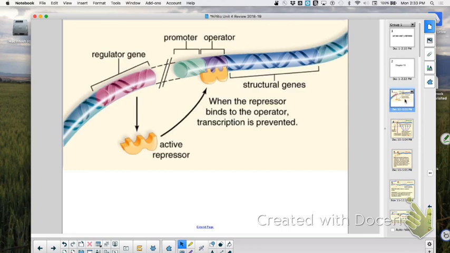So anything that interferes with RNA polymerase's ability to bind to the promoter, what are the two ways you can interfere? A repressor binding to the operator could get in the way. What's another way? Transcription factor.